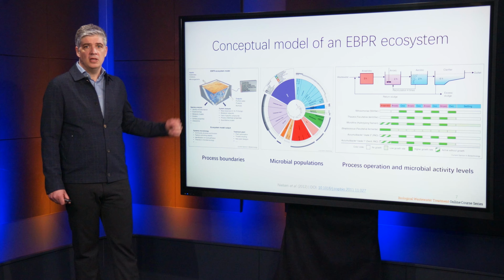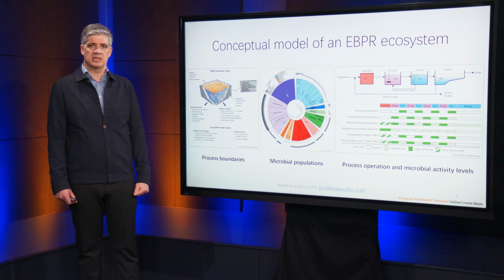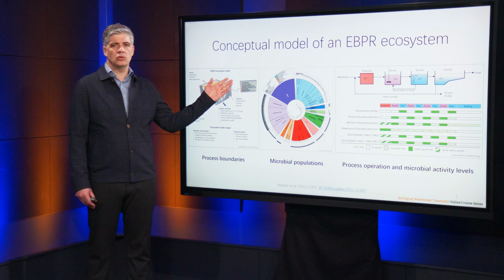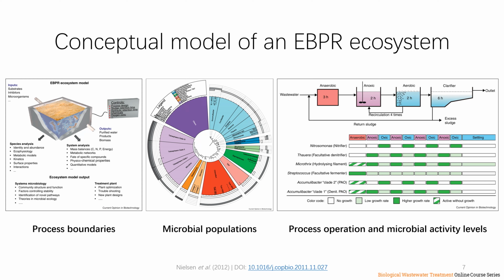The left panel shows the different inputs and outputs from the process, the system analysis, and the typical process control tools that you can apply to manage the process. It shows also the microbial analysis that can be conducted for better knowledge on microbial populations and their ecophysiologies.